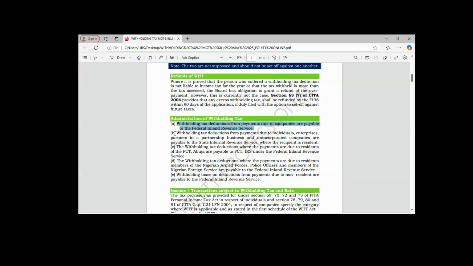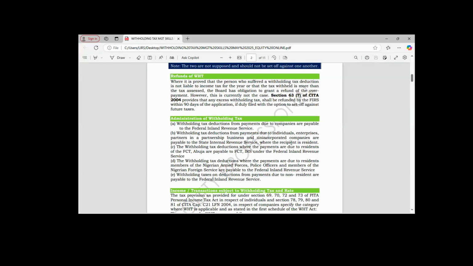The withholding tax from payment due to individuals, enterprises, partners in a partnership business, unincorporated companies, trustees in a trust and settlement, community, is remitted to the State Internal Revenue Service of their residence.